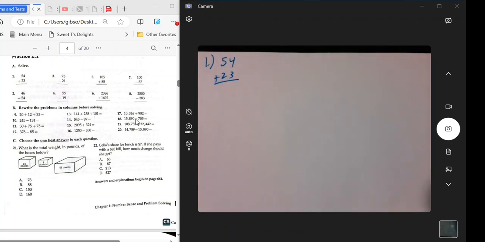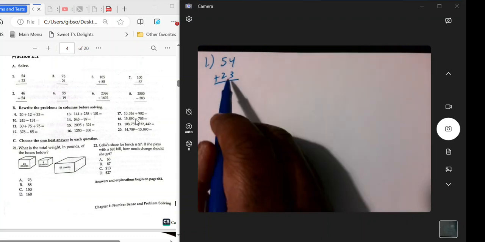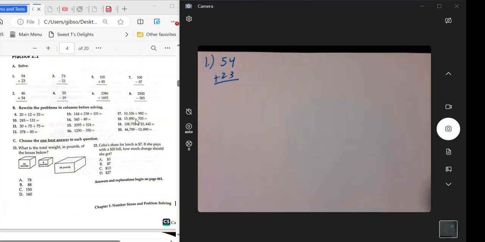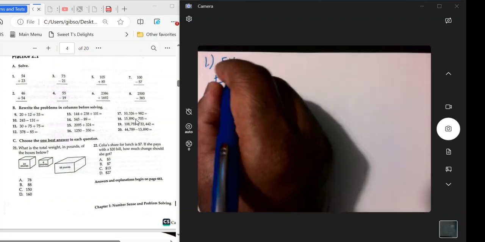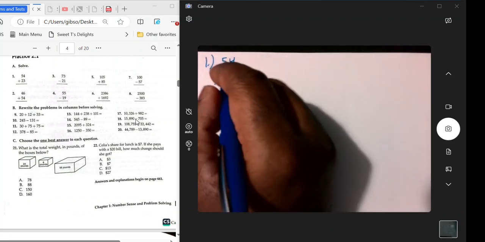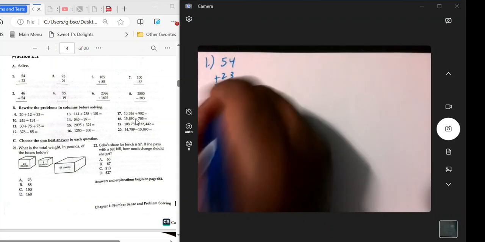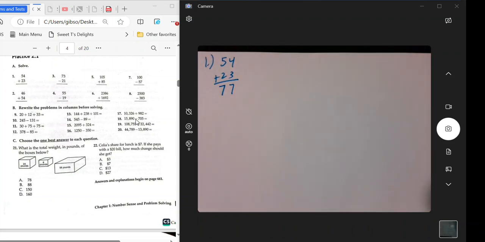So we have two-digit numbers and we line this up perfectly. So then when we start adding, we start at the ones place and move our way up to the higher place values to the left. So we have 4 plus 3 is 7 and 5 plus 2 is also 7. So our first answer here is 77.